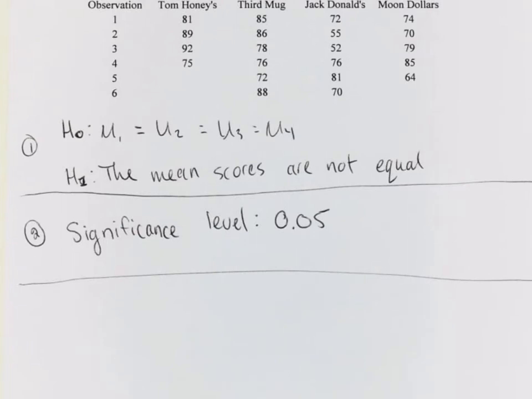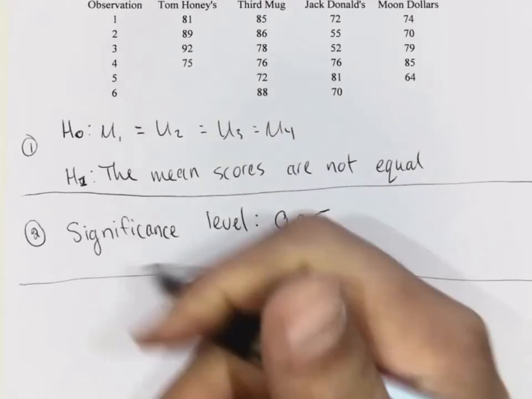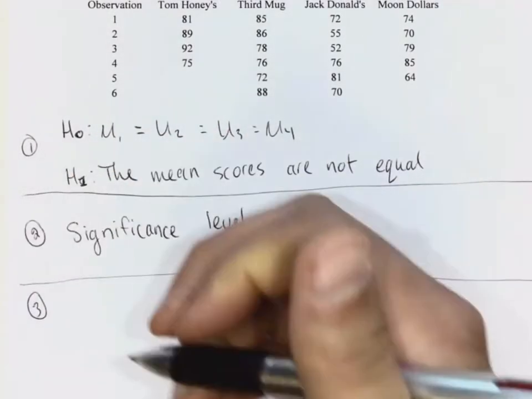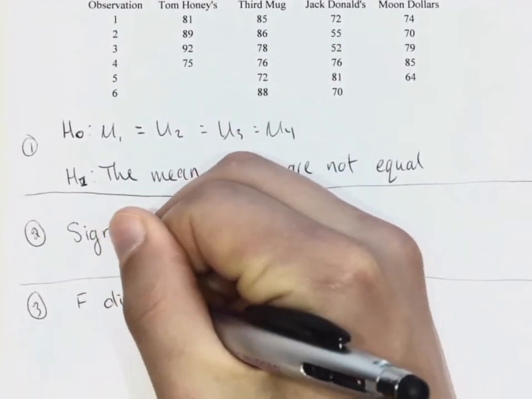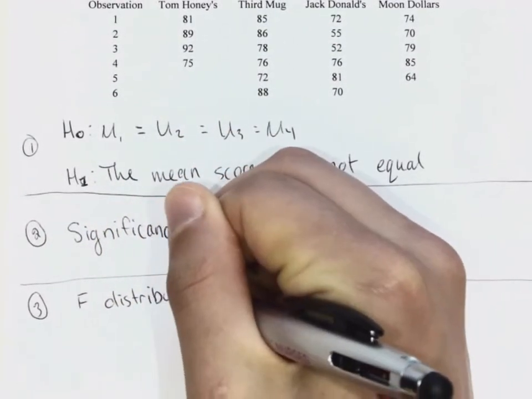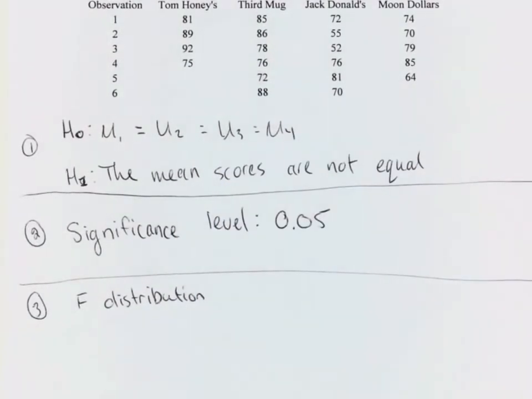So let's test the statistic for the F distribution. Sorry, the test statistic will be F distribution, and step 4 is to determine the decision rule.